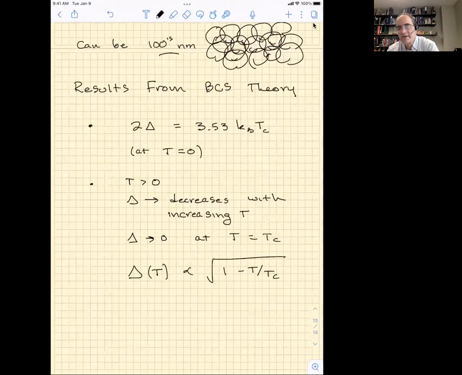So this is interesting. Why should the size of the gap depend on the temperature? After all, the pairing interaction, this over-screening of the electrons, doesn't depend on temperature. Well, it's because we don't merely form pairs, we also form this collective state, this condensate.